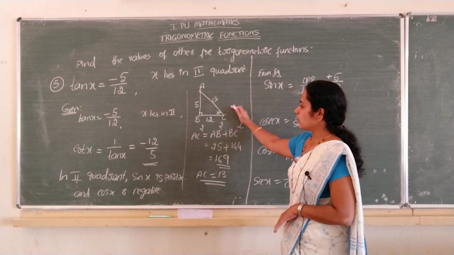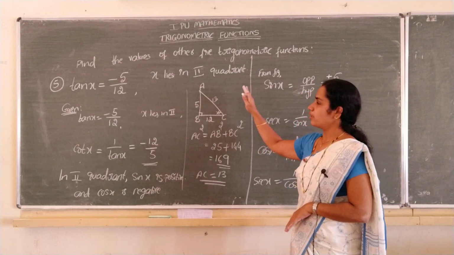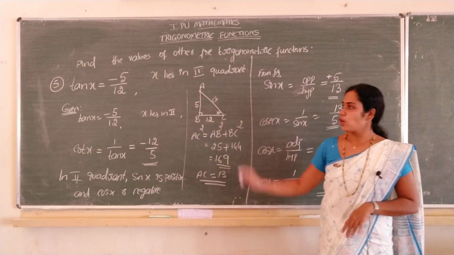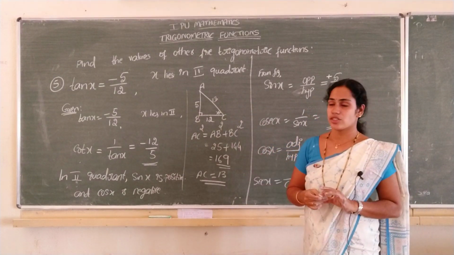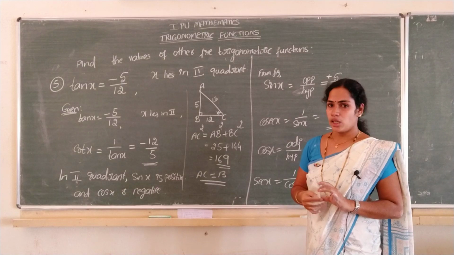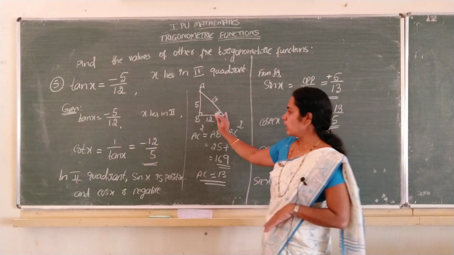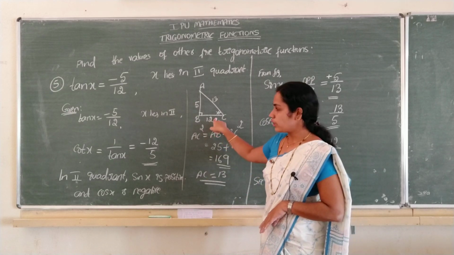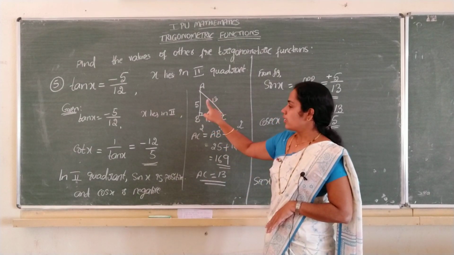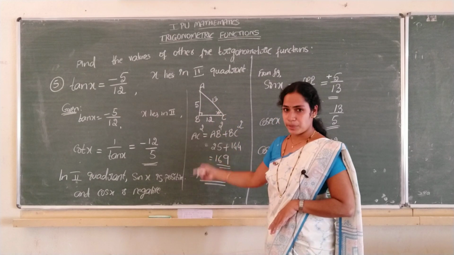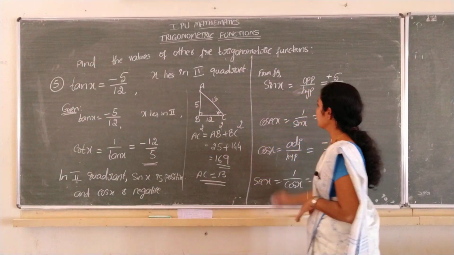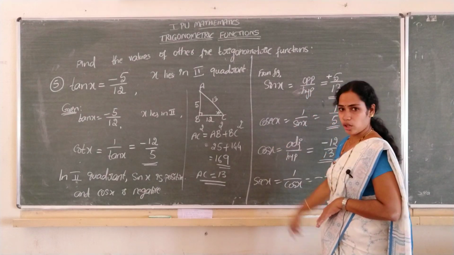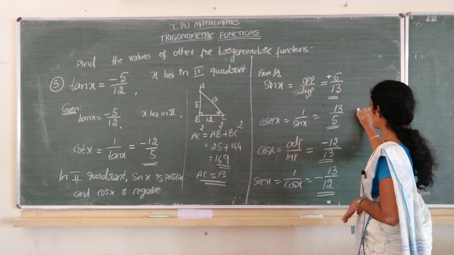See, here, this is the method to find out the other trigonometric functions if one trigonometric function value is given. ಇದು ನಾವು triangle ಯೂಸ್ ಮಾಡಿ ಫೈಂಡ್ ಔಟ್ ಮಾಡಿದ್ದು. In your textbook, they used another method. Suppose if we have sine function, to find out cos, they use the formula.